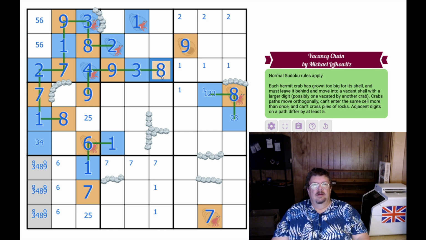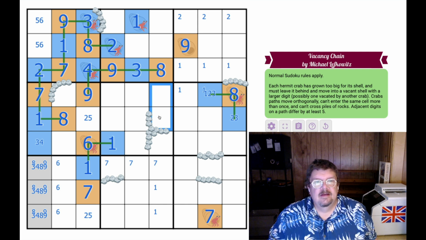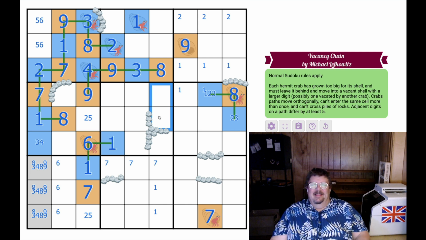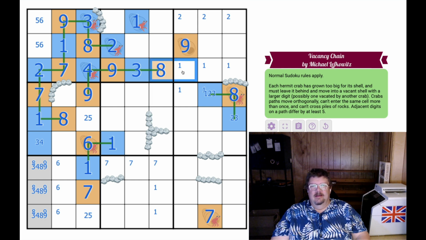So now can I go down? I certainly can. And I can be a 1, 2, or a 3 at that point. And then I can't go back because I'm not going to be able to fit the 1. It does go down this way. Oh my goodness, that's insane, but fun. But it could go this way. If it goes that way, that's a 1.